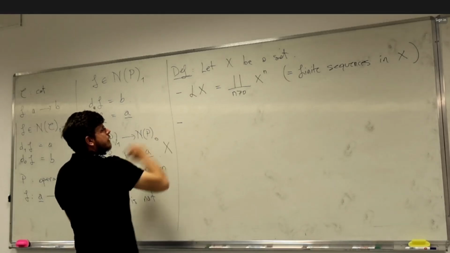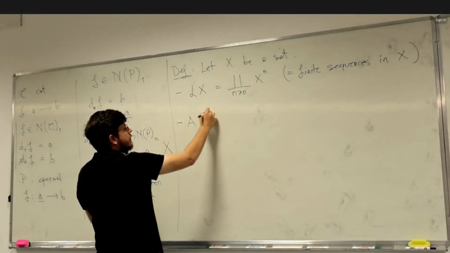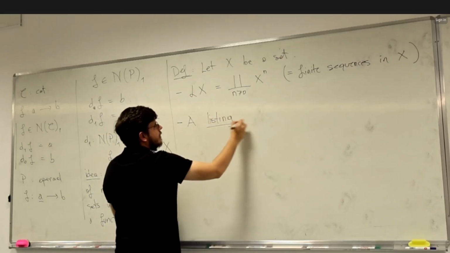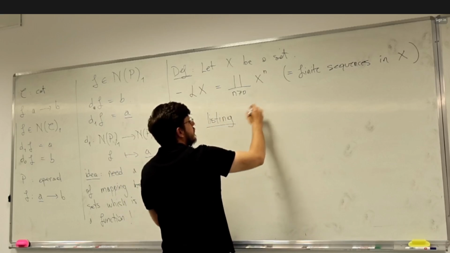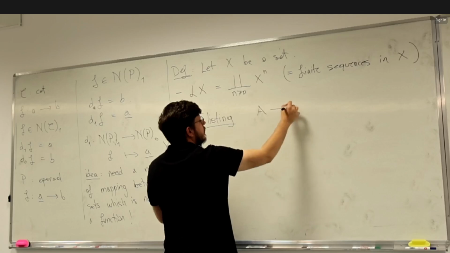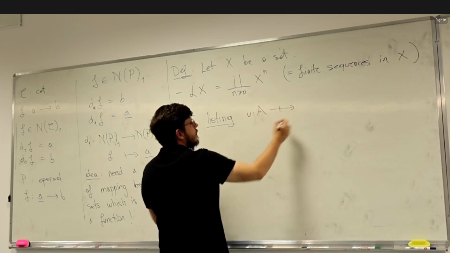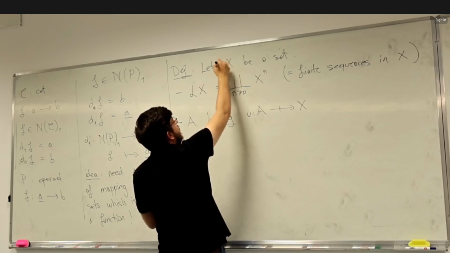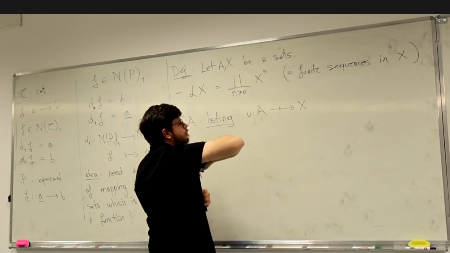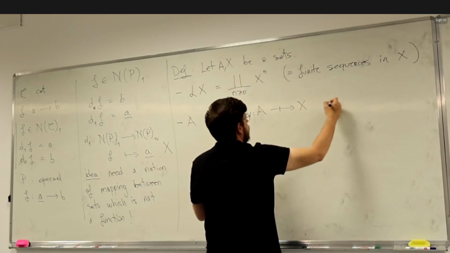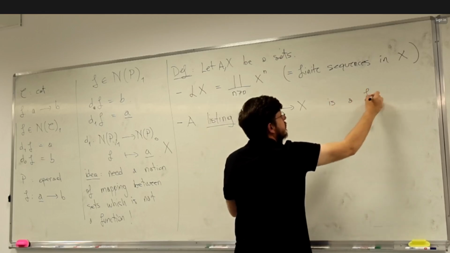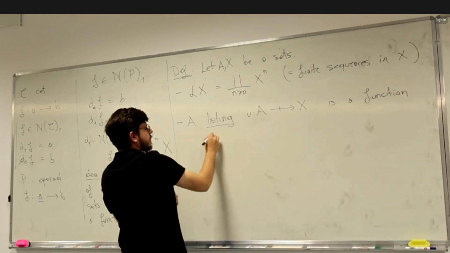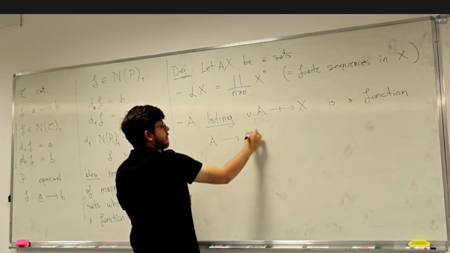And so we define this important notion, which we call a listing. A listing U from A to X, where A and X are sets, is a function A to LX.